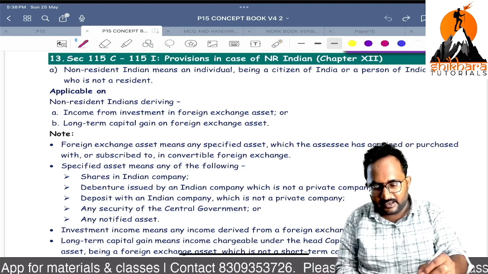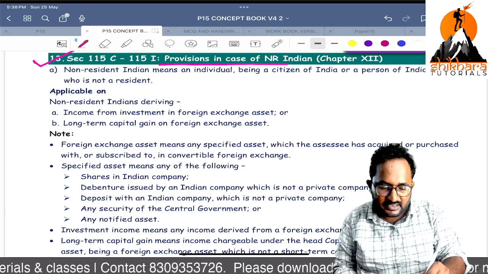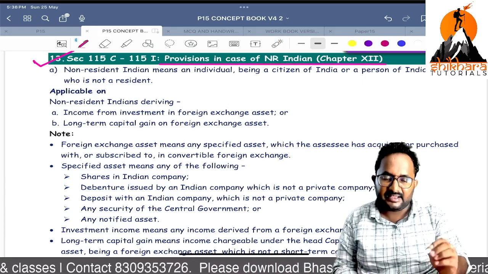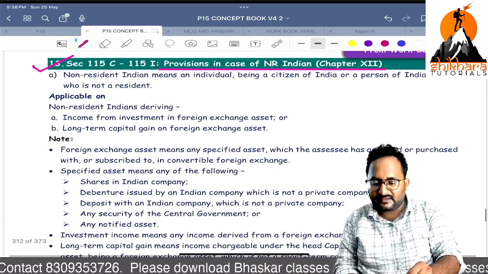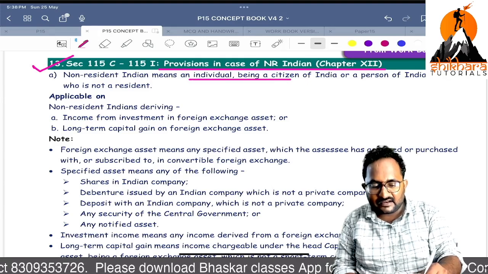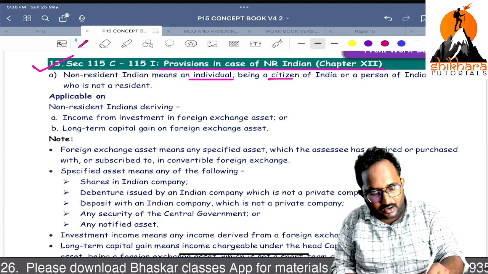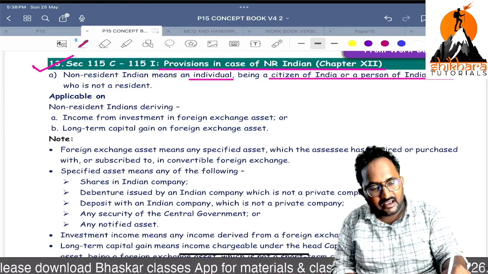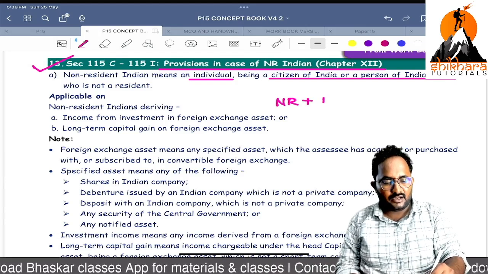Section 115C to 115I, provisions in case of non-resident Indian. What do you mean by NRI first? NRI means an individual who is a citizen of what, ma? India, or a person of what, ma? Indian origin, who is not a resident. Example, non-resident, and he is an individual.